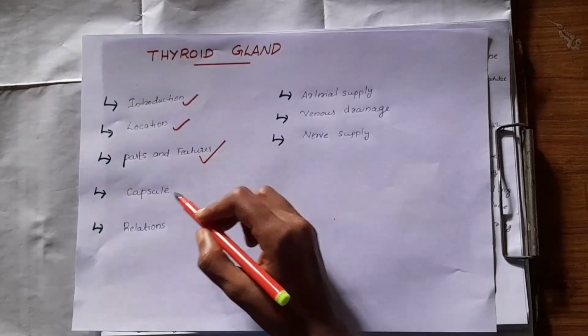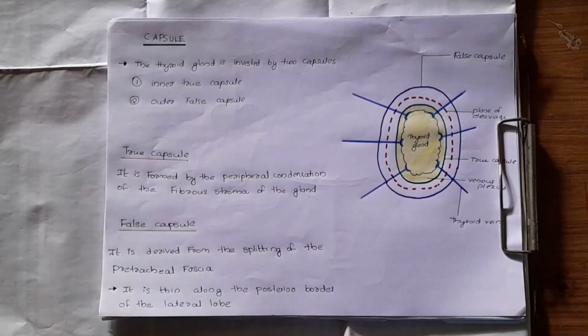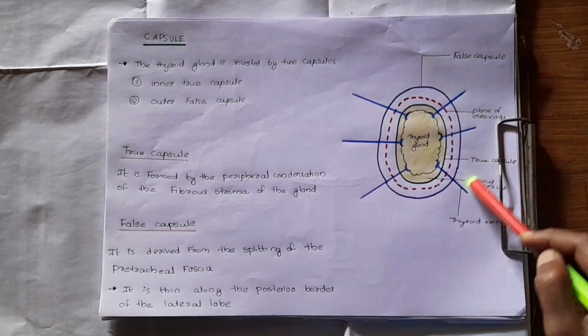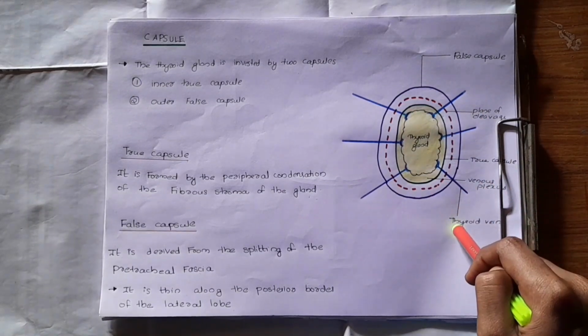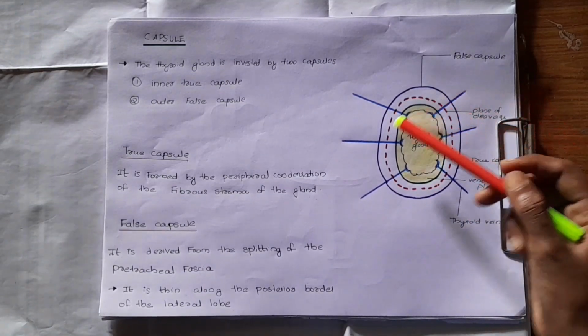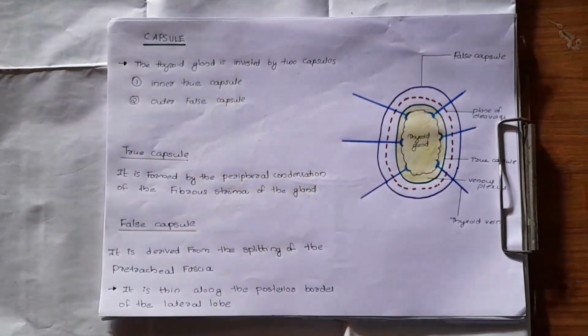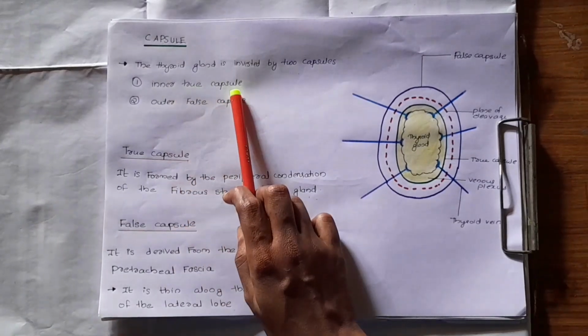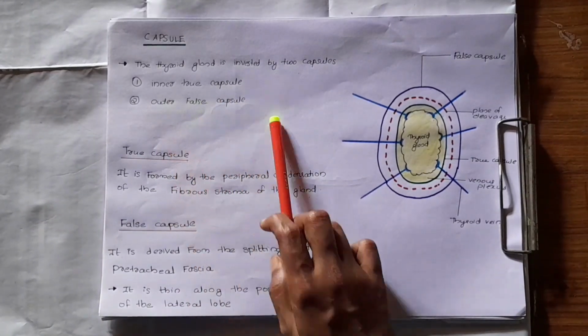Next is the capsule of the thyroid gland. You can understand the capsule with the help of this figure. The thyroid gland is invested by two capsules. What are the two capsules? The inner true capsule and the outer false capsule.